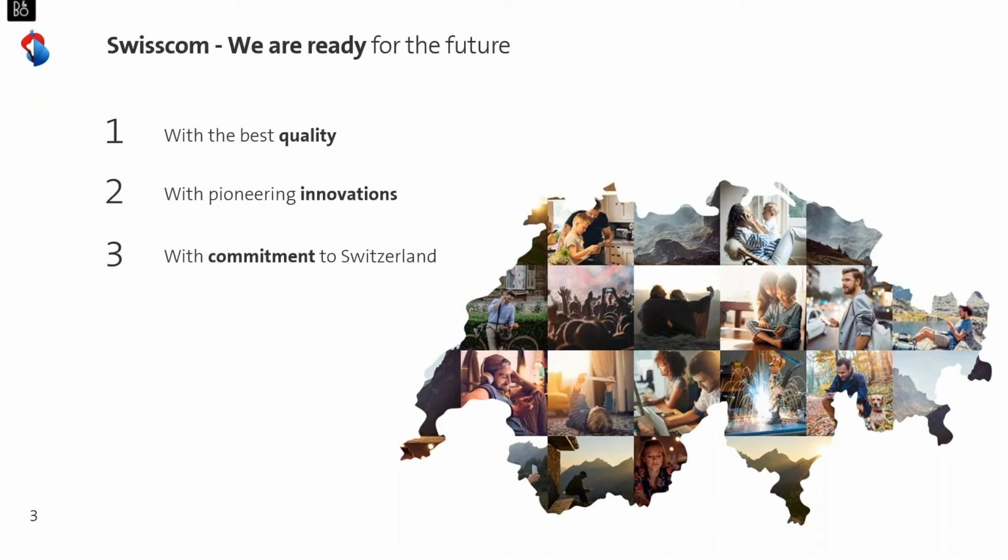In Switzerland, Swisscom offers residential customers an extensive range of digital TV, mobile telecommunications, and other services. In the B2B segment, its portfolio includes network, cloud, and ICT services. The strategy is aiming to deliver best quality network, pioneering innovations, and a strong commitment to Switzerland.